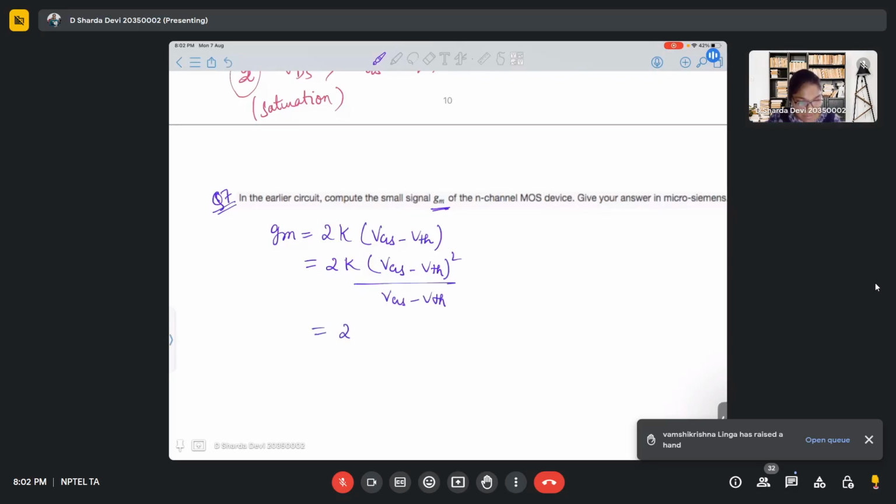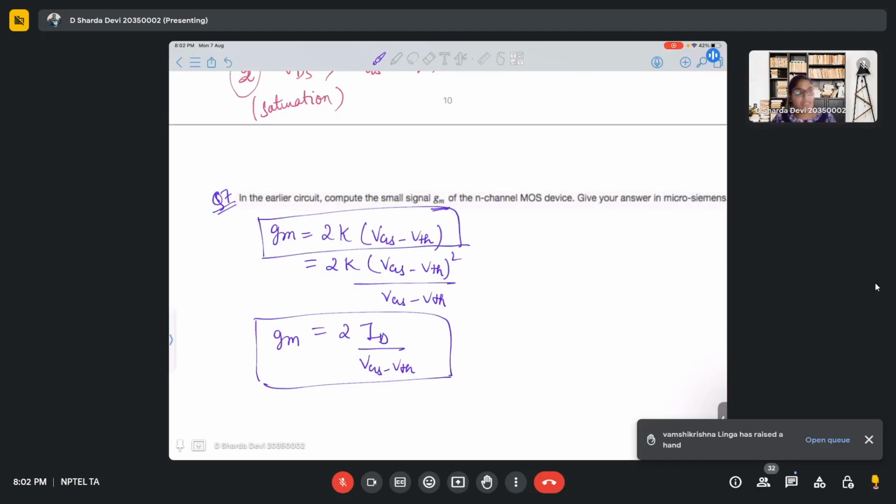So I can also write it as 2ID by (VGS minus VTH). So using these formulas, we can simply get the values for GM. Is this clear? Any doubts?